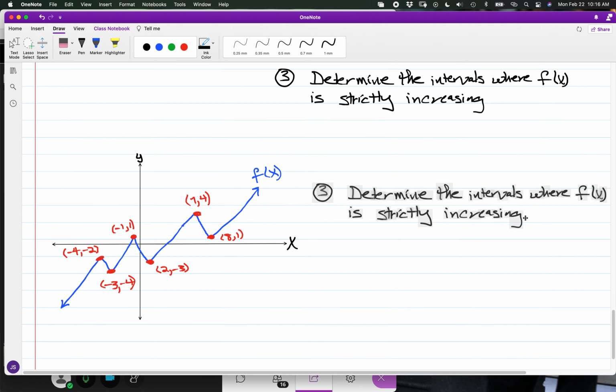So determine the intervals upon which f of x is strictly increasing.